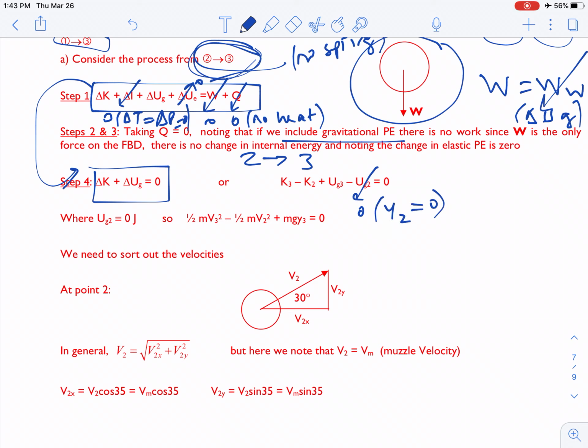That's where we set our zero potential, and we show it here. So I cancel those out as well, and then I have 3 terms. First one is 1/2 mv3 squared, and minus 1/2 mv2 squared, and plus mgy3. That's equal to 0.